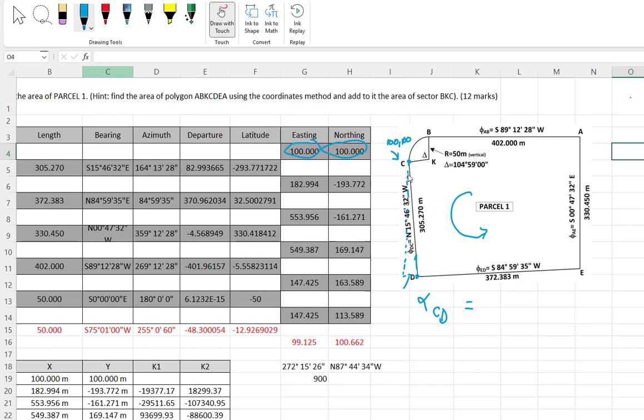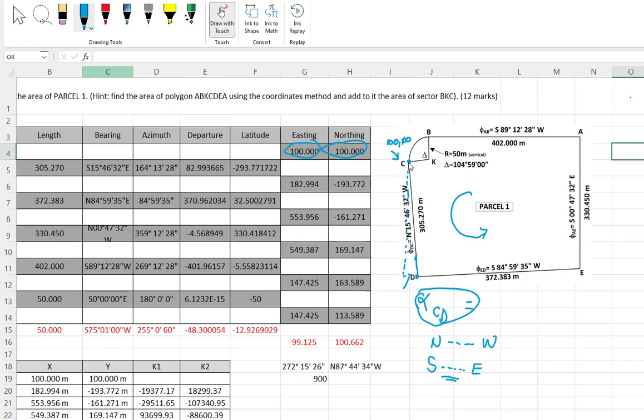We need the other side, the opposite one, which is the back bearing. The bearing is north and the angle to the west, while the back bearing is south, the same angle but to the east. Once we have it, we calculate the azimuth from that.